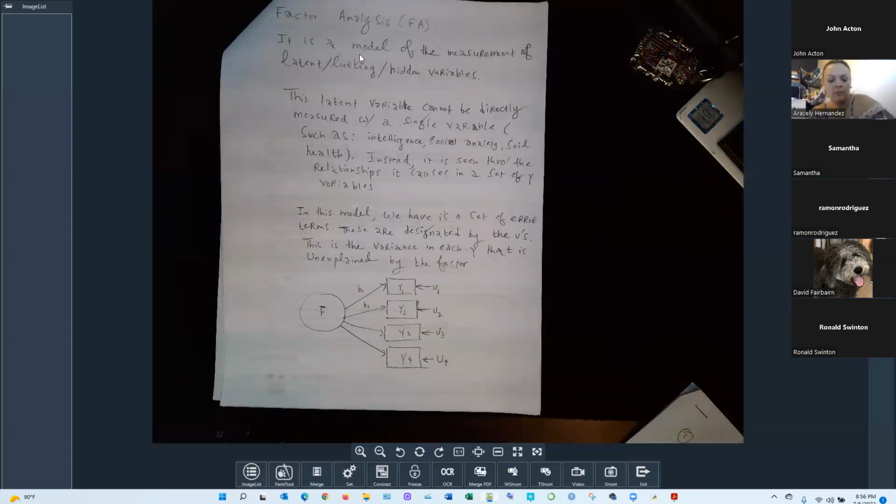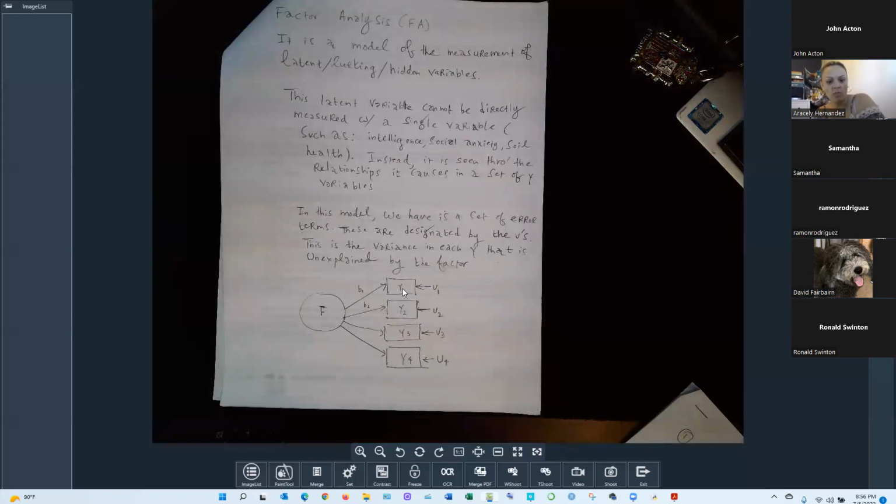It is a kind of model of the measurement of latent, lurking, or hidden variables. With the aid of hidden variables, how many can we take into account here? As many as you want, but there's a cutoff point. Based on different procedures and criteria, we can figure out how many factors to include in order to explain our original variables.